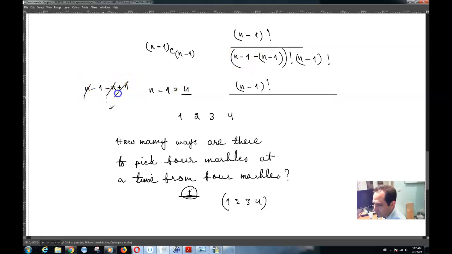So these two you can cancel out, these two you can cancel out. That's 0 factorial, which is equal to 1. So this is just equal to 1. And then you have n minus 1 factorial. So these two you can cancel out and you will get a 1. So there is only one way of selecting 4 marbles out of 4 marbles.